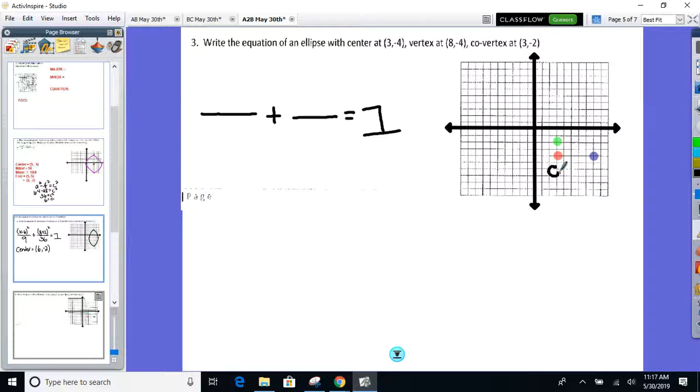Just make sure you know which one's which. If you want to label them a C, a V, a CV for co-vertex, it's up to you. However you want to remember it.